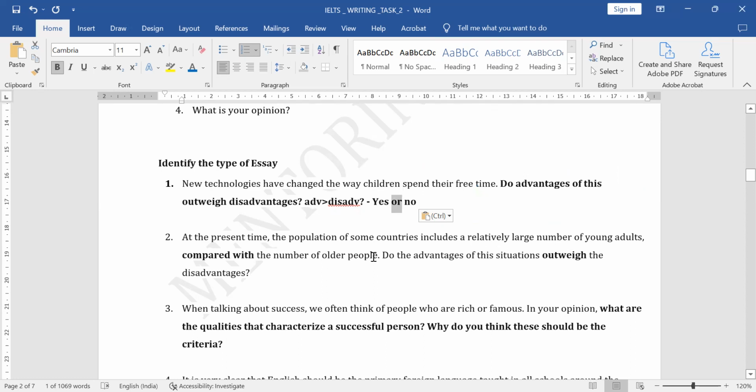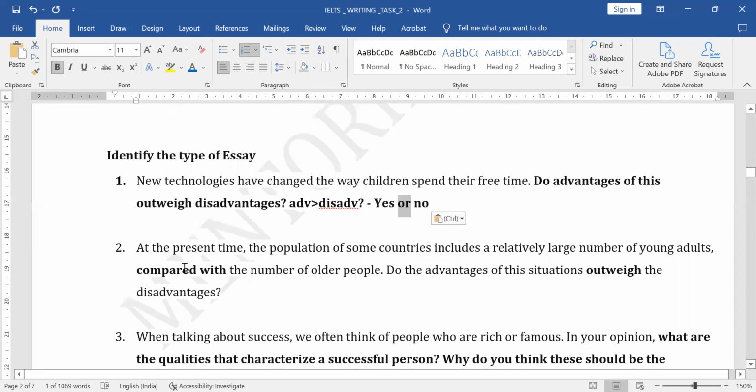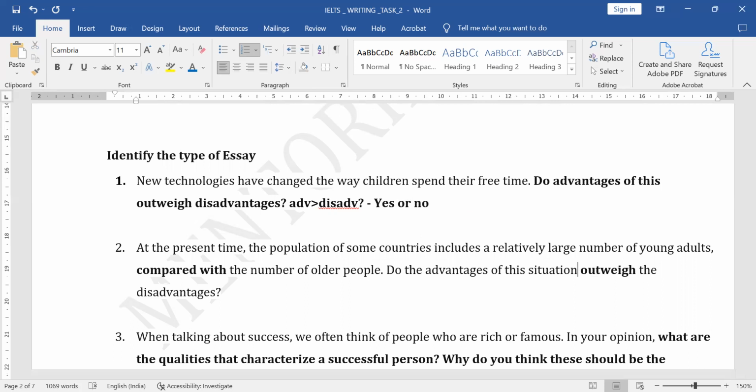Try to analyze it by thinking this is a spoken English question. If somebody asks me, what should I do? Okay. Then at the present time, you're just identifying the type of essay. Don't generate ideas. At the present time, the population of some countries includes a relatively large number of young adults. That means young population compared with the number of older people. Do the advantages of this situation outweigh the disadvantages?